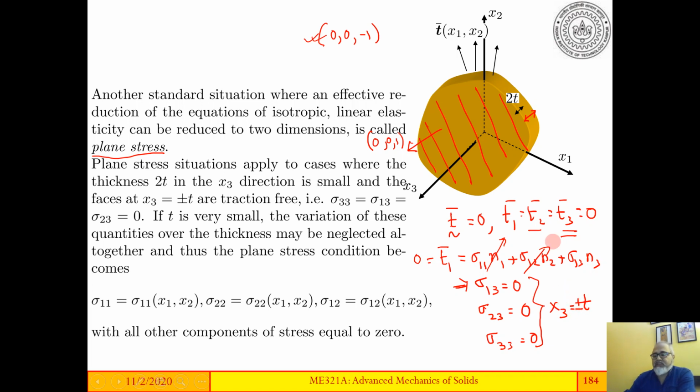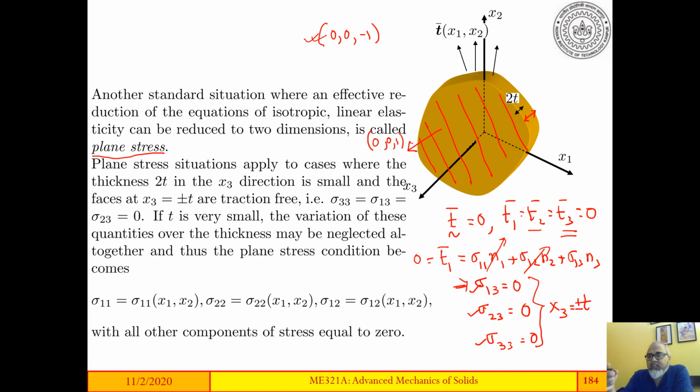On the front face as well as the back face, the idea goes that sigma 1 3, sigma 2 3, sigma 3 3 are continuous well behaved functions. So if they are continuous functions, then at x3 equal to plus t, they have to be 0. Then they can vary away from 0, but at x3 equal to minus t, again they have to become 0.